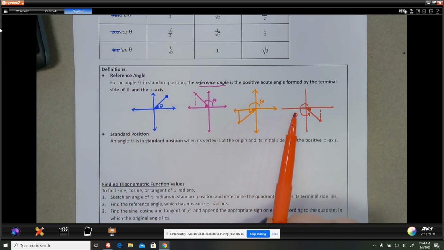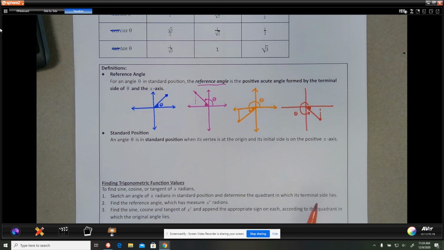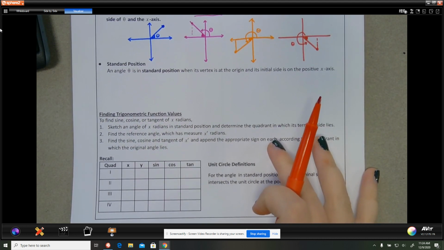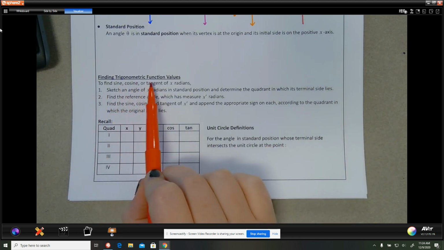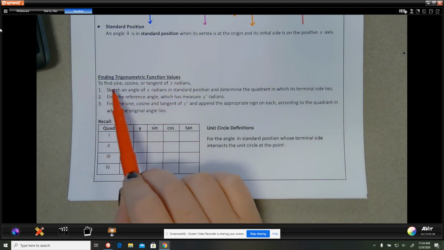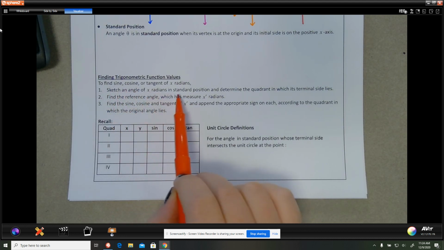So we're going to be using the reference angles, these little angles inside that are always an acute angle. And in this one, we call this x prime down here. So it says to find trigonometric function values. First, we need to sketch an angle of x in radians in standard position.